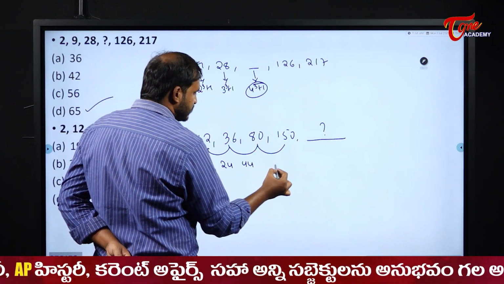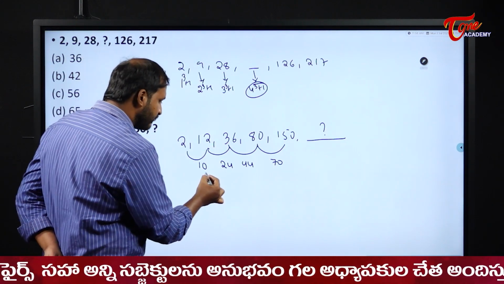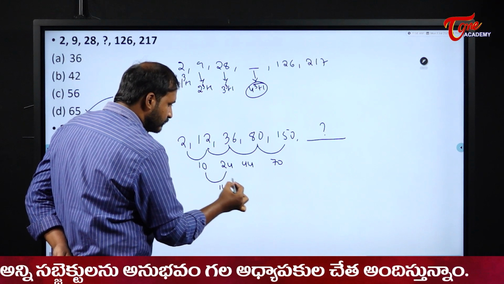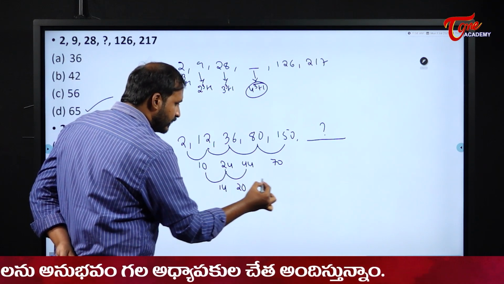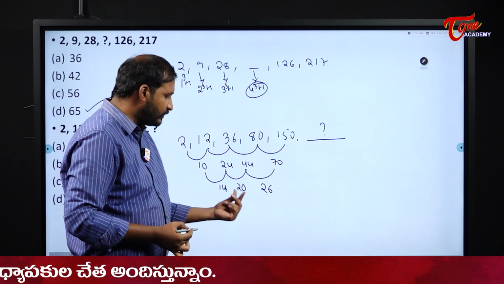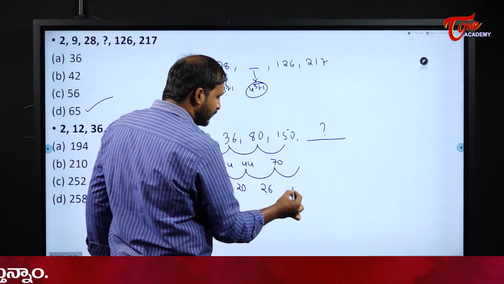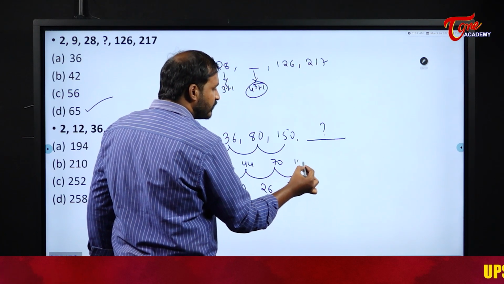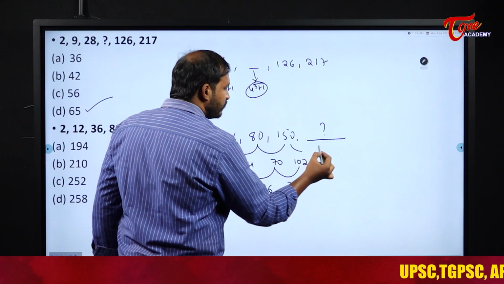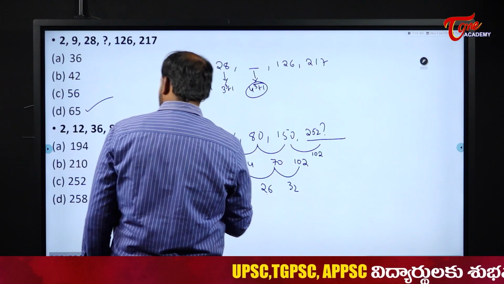Next it is 70. Now difference of difference. What does it become? 14, 20, 26. Now you can identify the logic. Yes sir, 14, 20, 26. So what should be my next difference here? 32. So 70 plus 32 will become 102. Next it should be 102. So it will become 252.